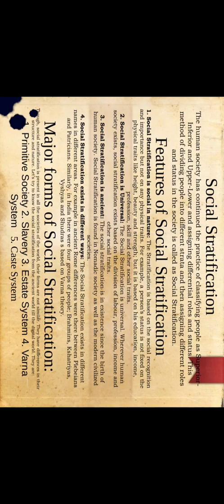You can write this answer for a 1 mark question. What do you mean by social stratification? The method of dividing people into different strata and then assigning them different roles. According to the strata, they have to do different roles, jobs or work, and the status position in society is called social stratification.